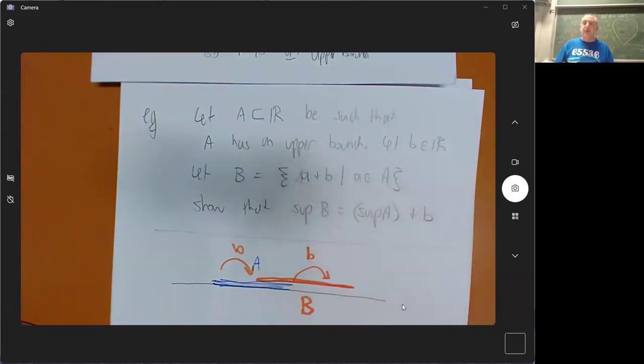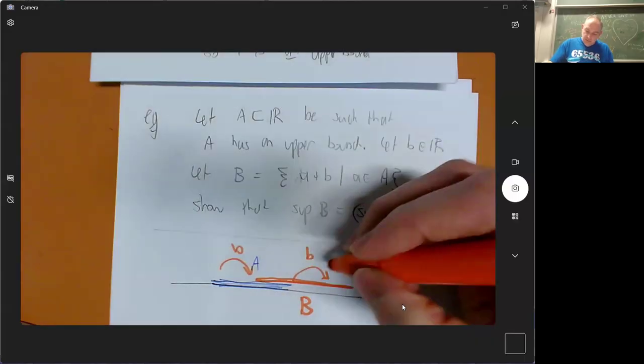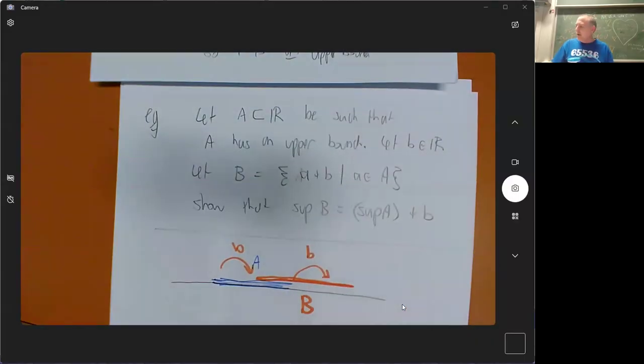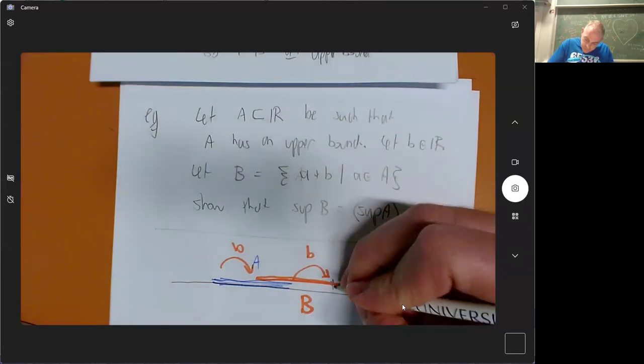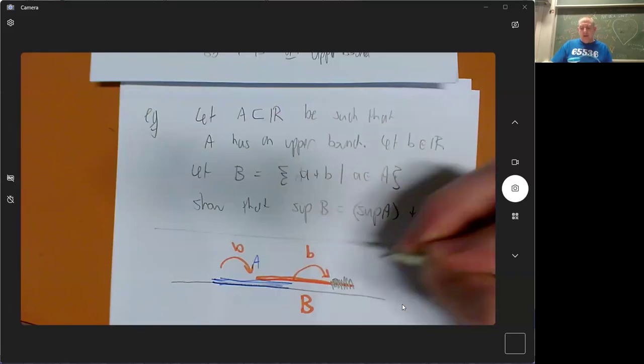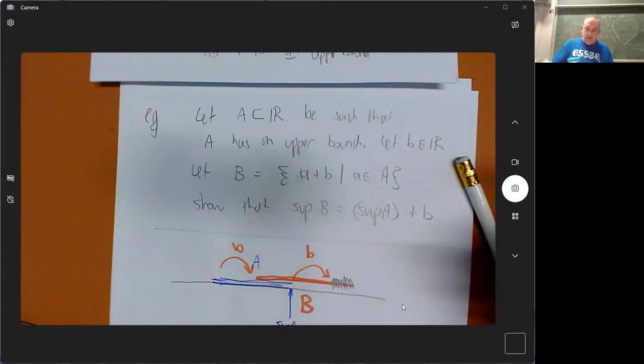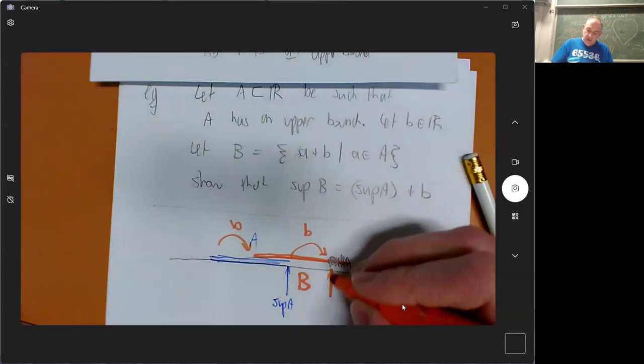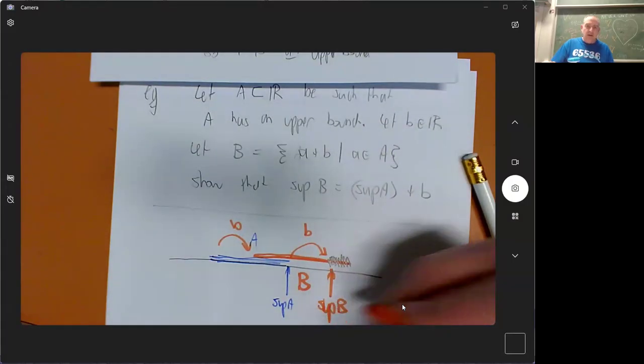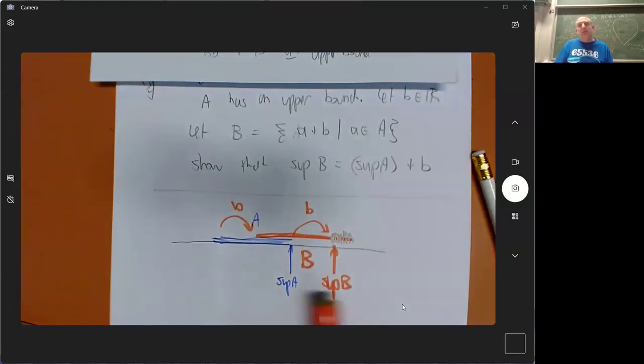And that's capital B. So this here is the supremum of A at the end here. And this here is the supremum of B at the end there. And they are little b apart. That's the picture of what's happening.